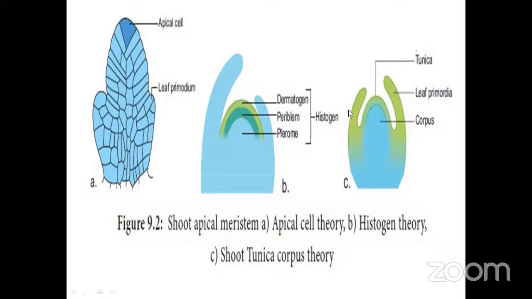This group of cells is called histogen. In tunica corpus, in the group there are two regions, corpus central and tunica cap.